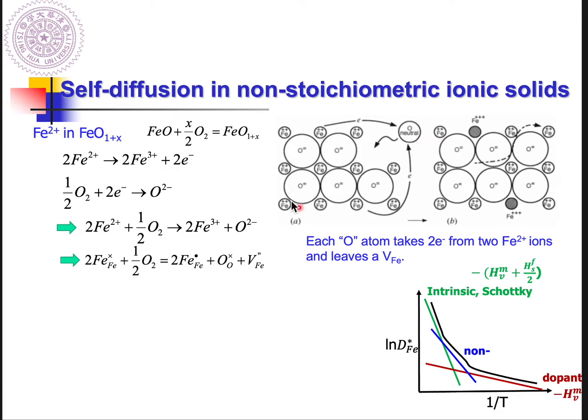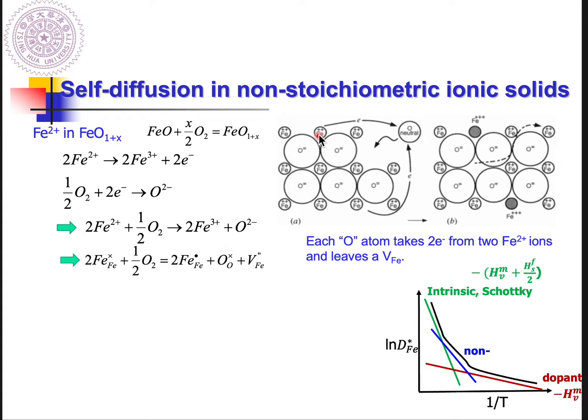So you can take a look at these figures. When this ionic material receives oxygen, the iron ion is going to move to here, and this iron with 2 positive charge is going to become 3 positive charge, because it's going to lose electrons.